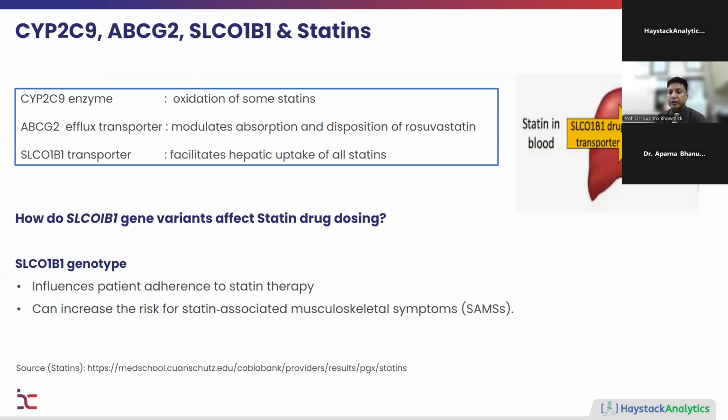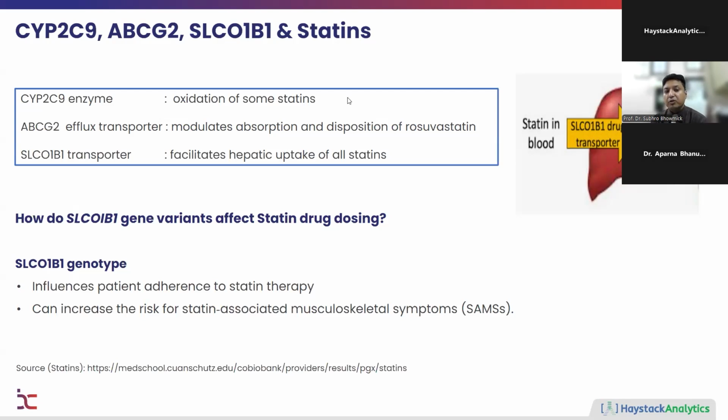Now, let me tell you that one of the common side effects or adverse effects of statin is musculoskeletal weakness or musculoskeletal soreness or musculoskeletal atrophy and inflammation. This can happen if there is a genetic variation of this drug transporter, which carries the statins in the blood. So there is genetic variation in statins as well.